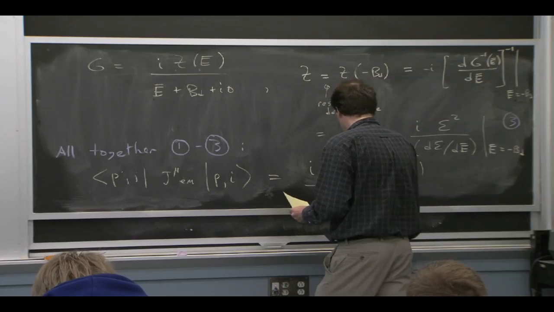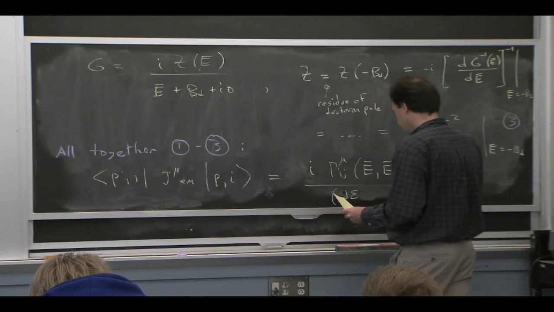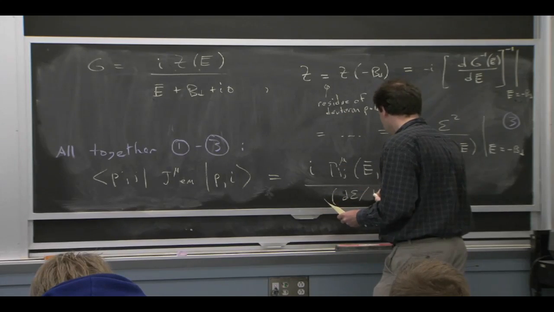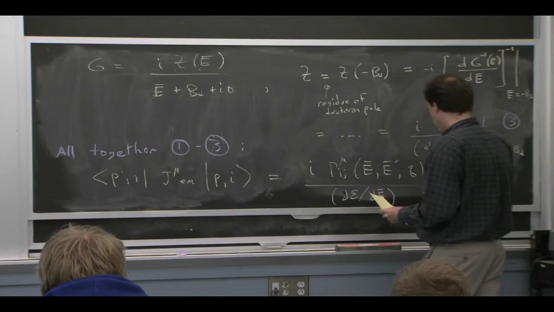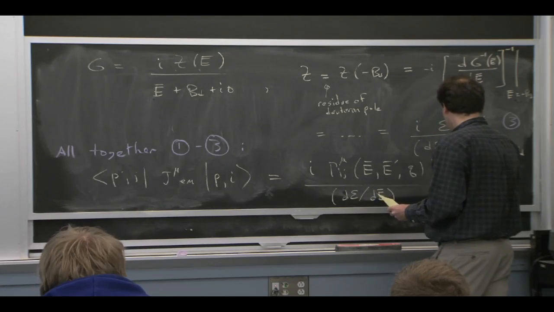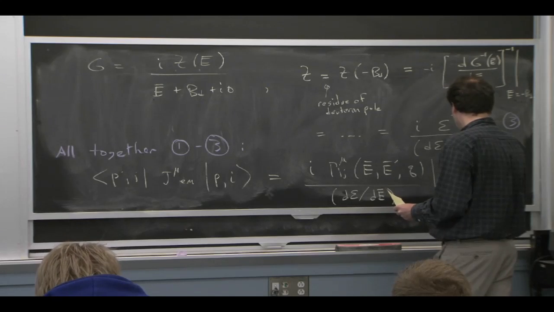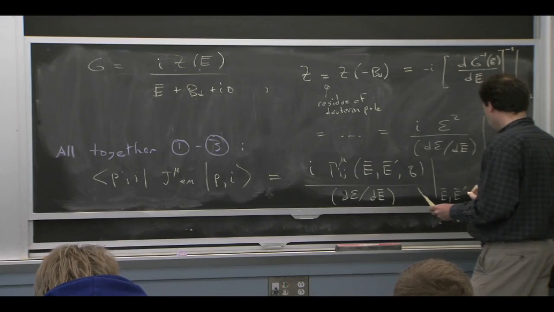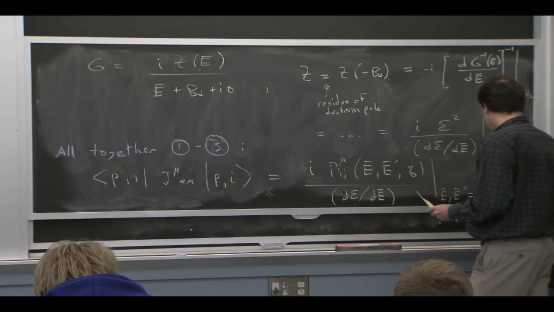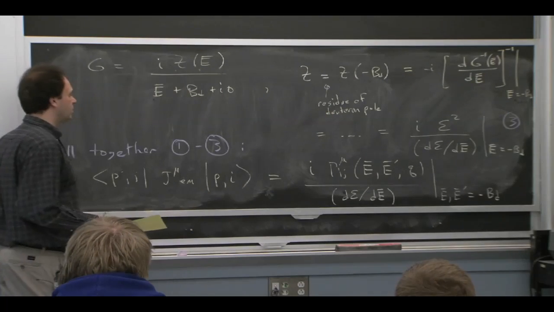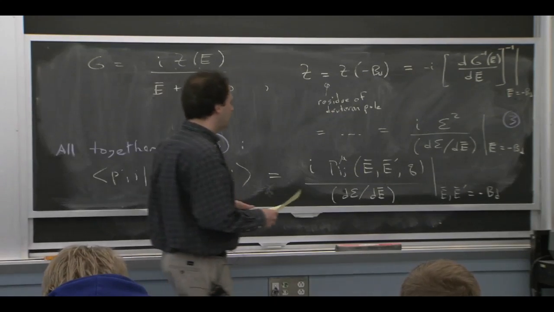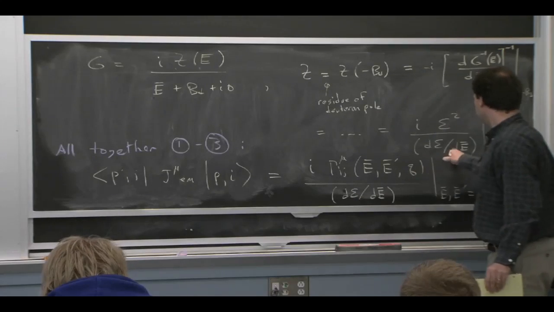And it's not just the irreducible 3-point functions. There is a contribution from the 2-point function, which is, in this case, d sigma dE bar, where you take E bar and E bar prime, incoming and outgoing energies, to be the right energies for the bound state, which is minus the binding energy.